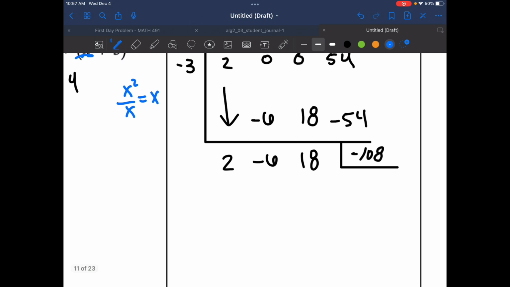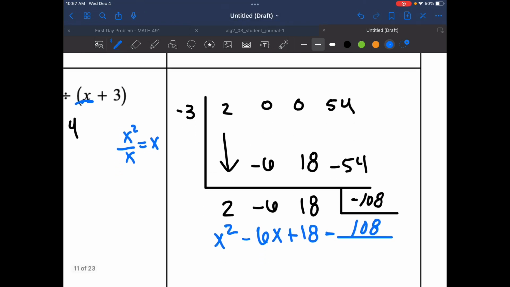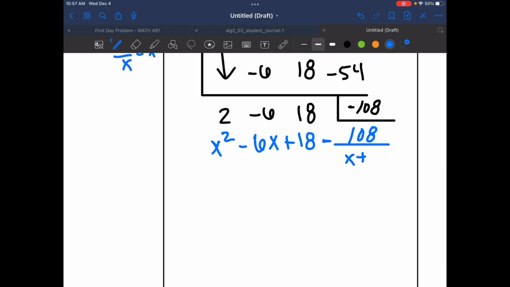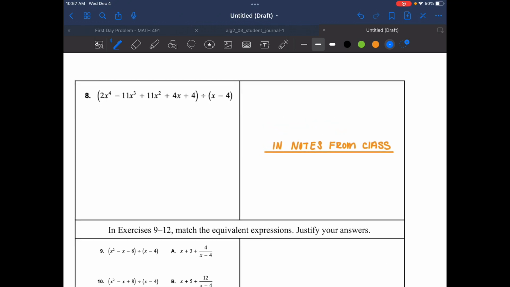So this is going to be x squared minus 6x plus 18 minus, because our remainder was 108, so this is going to be 108 over x plus 3. And that's it.